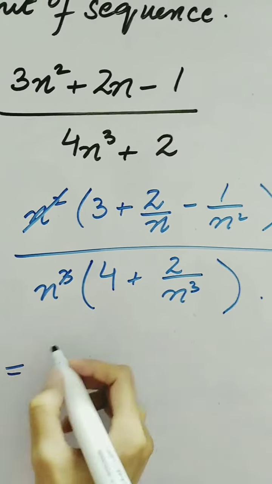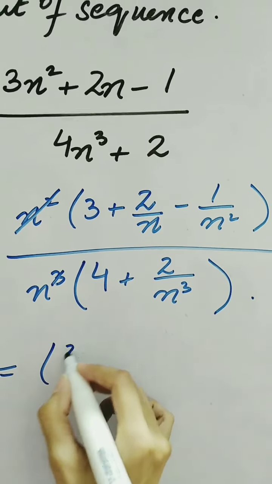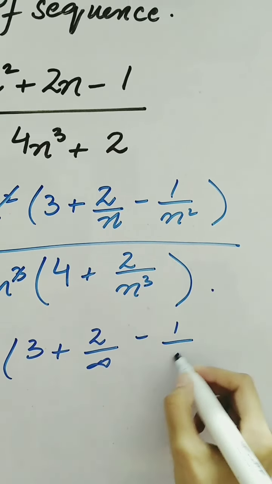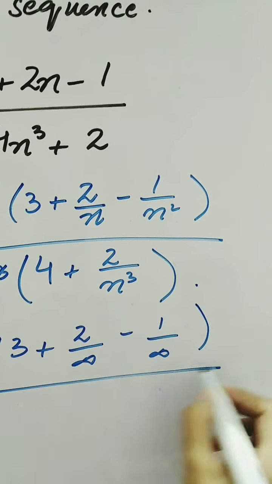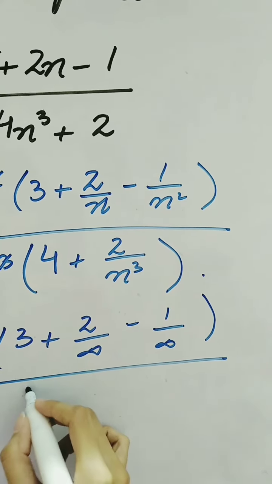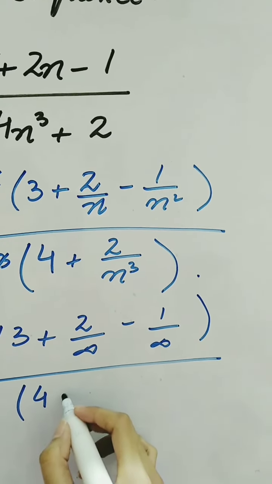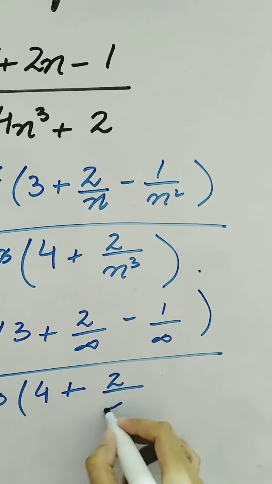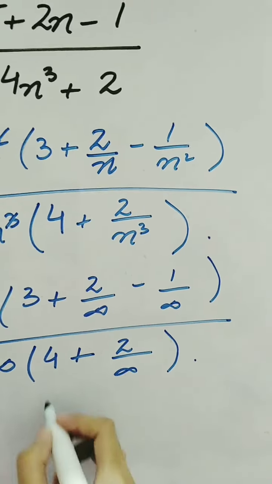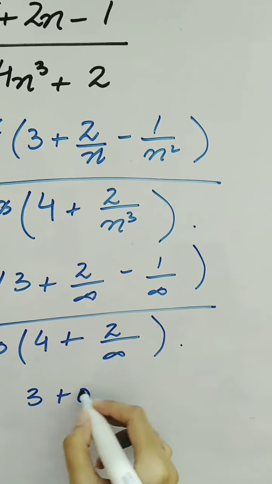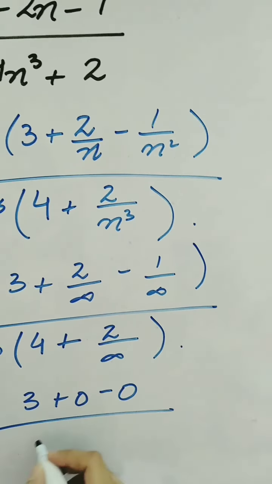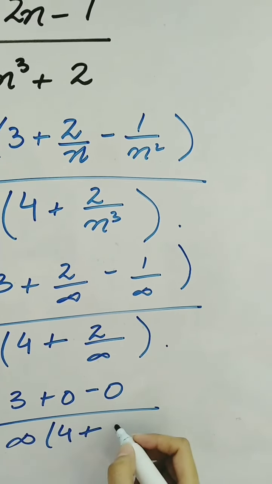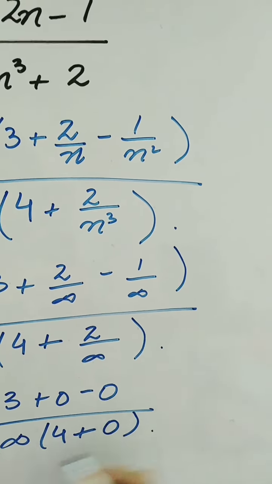By applying the limit, which is n goes to infinity, we will have 3 plus 2 over infinity minus 1 over infinity over 4 plus 2 over infinity. So we have 3 plus 0 minus 0 over infinity times 4 plus 0.